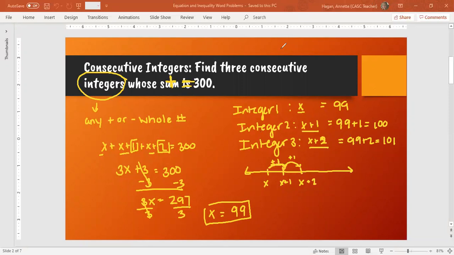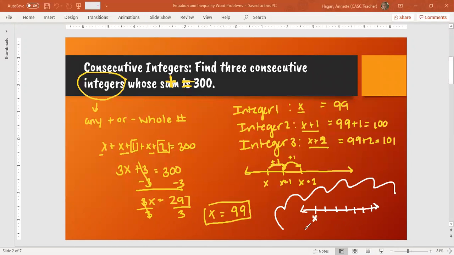Let me just make one note about if it says even or odd. I'm going to do a little thought bubble over here. If it says even or odd integers, here's the thing you have to understand, okay? Even or odd numbers are every other number, okay? So let's say this had the same type of problem with even integers, so 3 consecutive even integers.